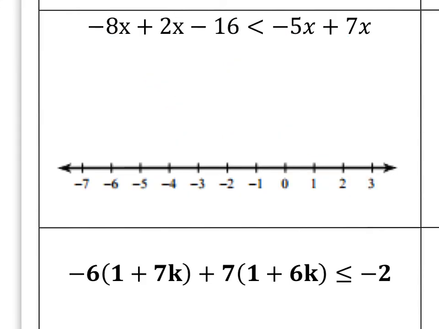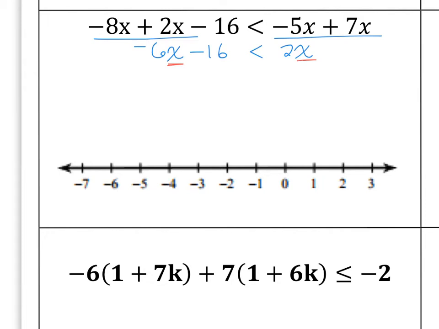Okay, let's do another practice. Combine like terms. -8x plus 2x makes -6x. Recopy -16 less than -5x plus 7x makes +2x. Okay, now you've noticed that there is a variable on either side of the inequality.